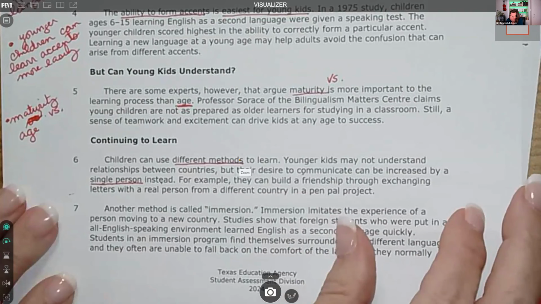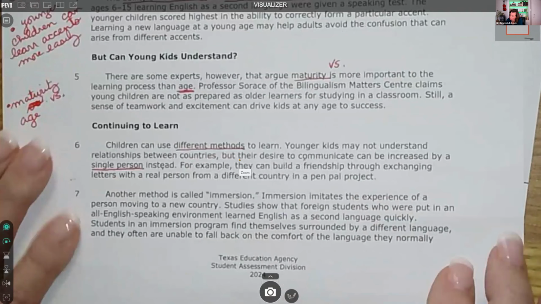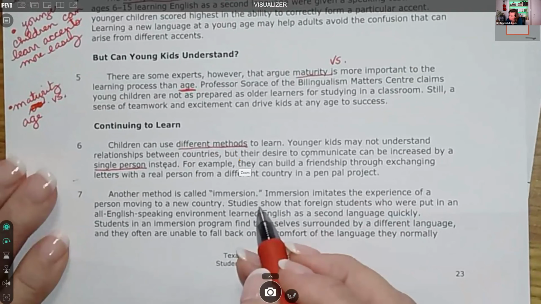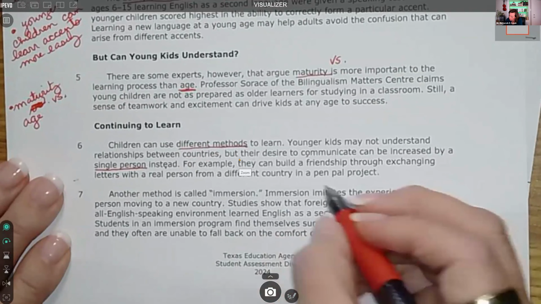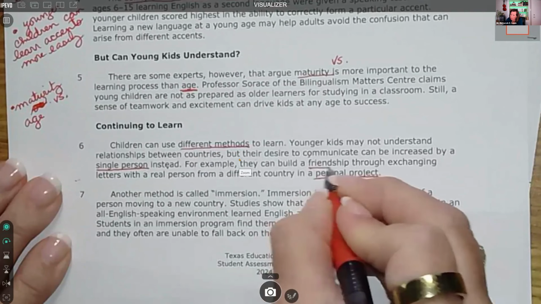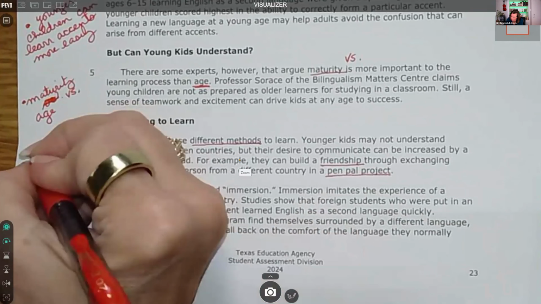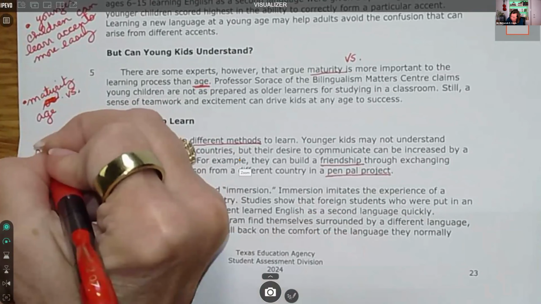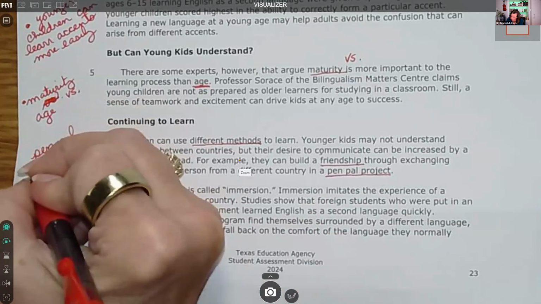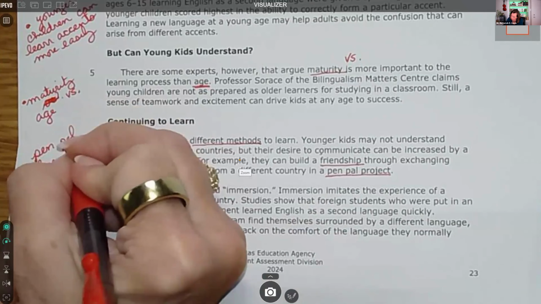For example, they can build a friendship through exchanging letters with a real person from a different country in a pen pal project. So one method is becoming friends in a pen pal project. So this is pen pal friendship, right?